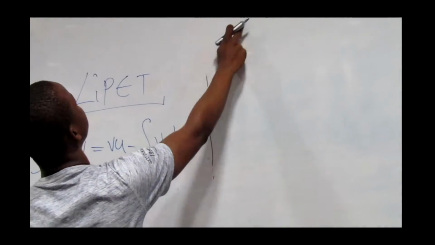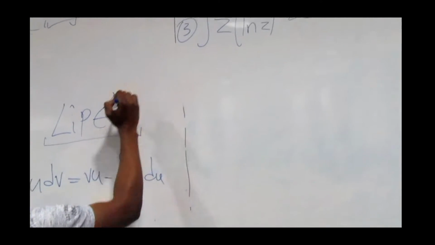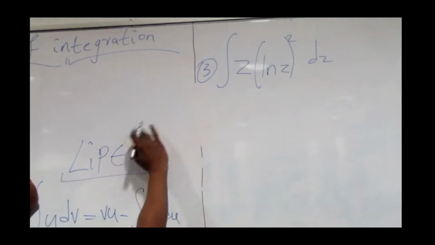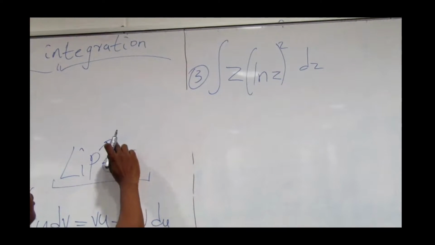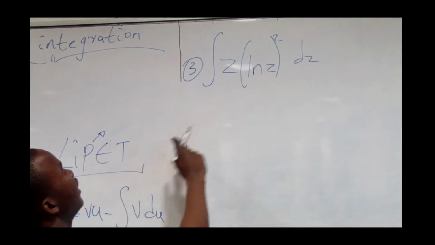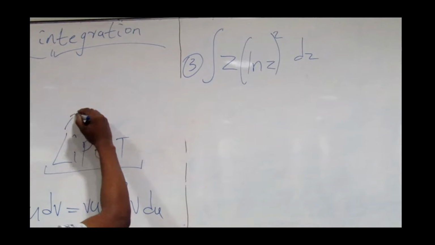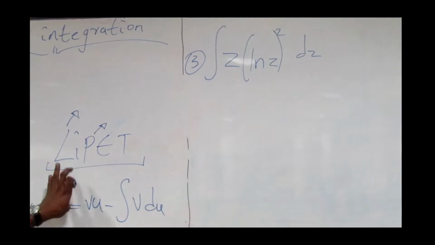Here we are given a polynomial, and here we are given ln.